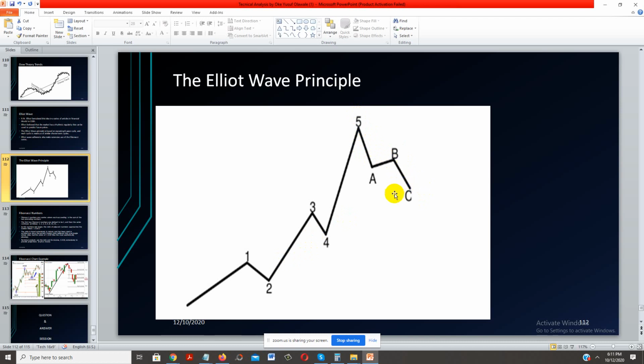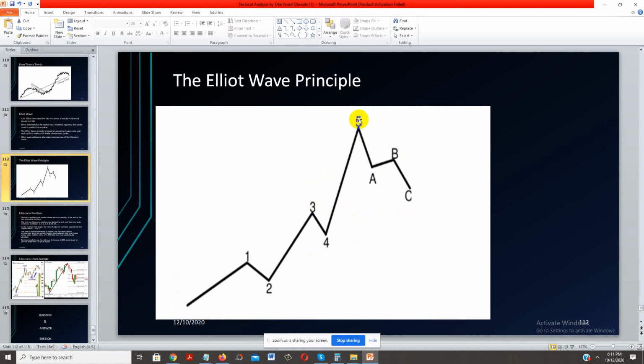You understand? It's definitely supposed to do 50% of the move from wave 1 till wave 5. You understand? Which, if you calculate it very well, is supposed to lie on top of wave 3. You understand? Okay.